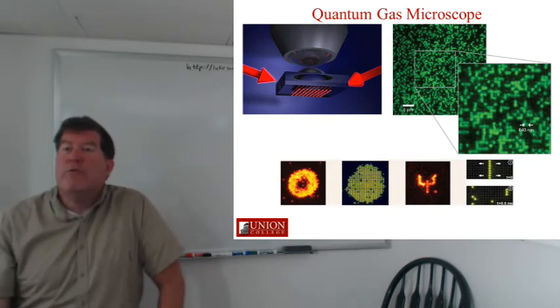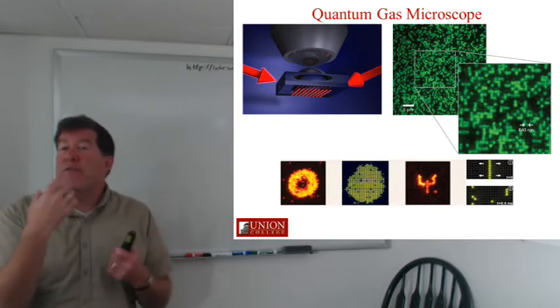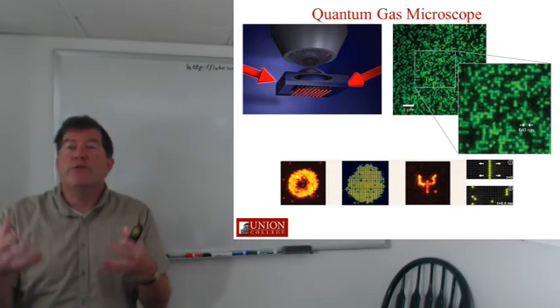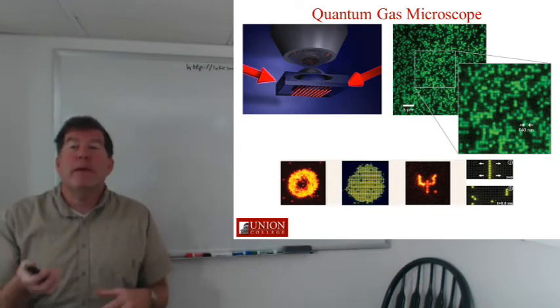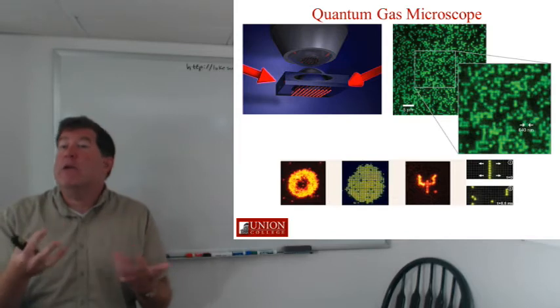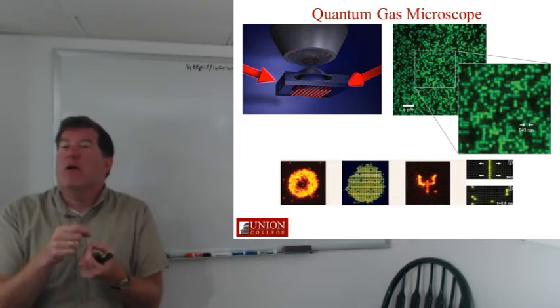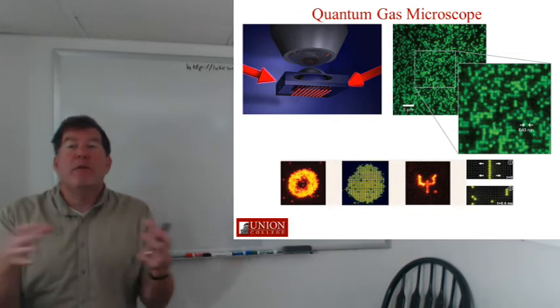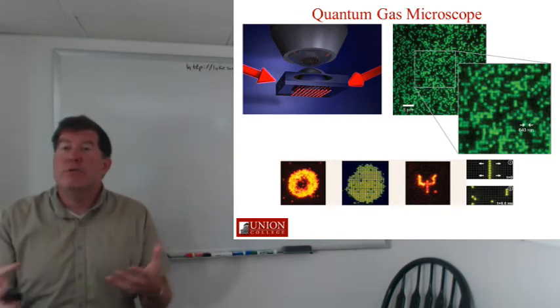You can also do this with the kinds of atoms that are not bosons but fermions. There's a trick you can use to get fermions colder, and that's really interesting because those are particles that obey the Pauli exclusion principle. You can't have 2 of them in the same spot ever, right? And so if you make a sample of ultra-cold fermions, it's going to behave very differently than a sample of ultra-cold bosons.